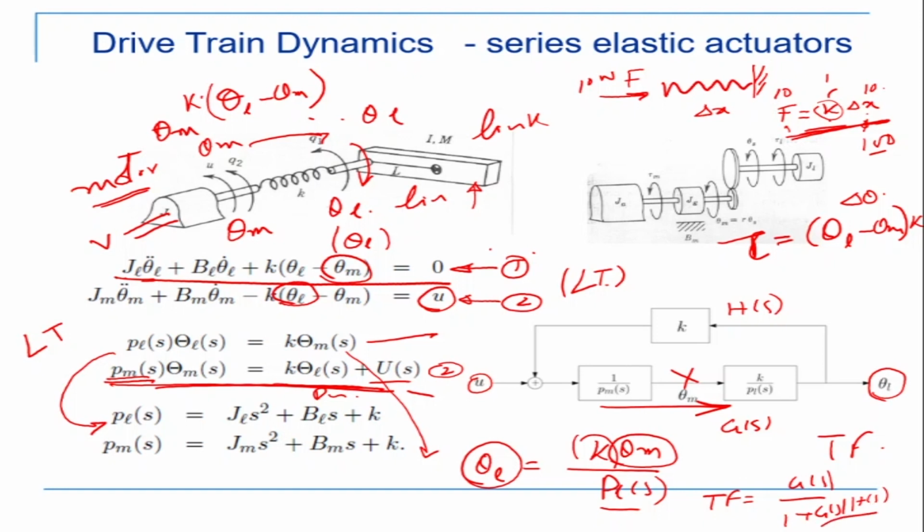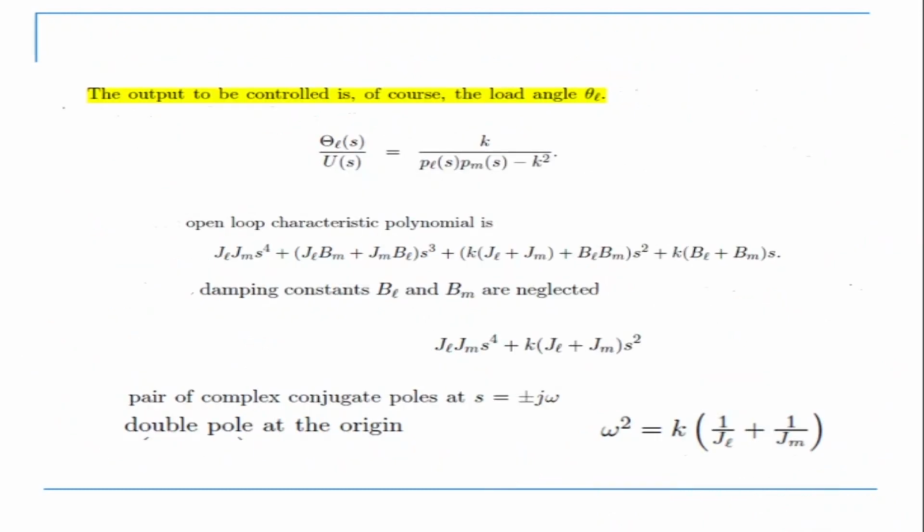Right? So this is my characteristic equation. What we are doing is closing the loop, multiplying this into this, and then it comes out like this. So theta L by US, this is my transfer function. The characteristic equation is this fellow. So the stability of the system will depend on the roots of that equation.